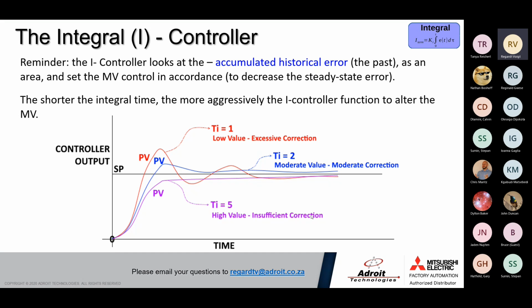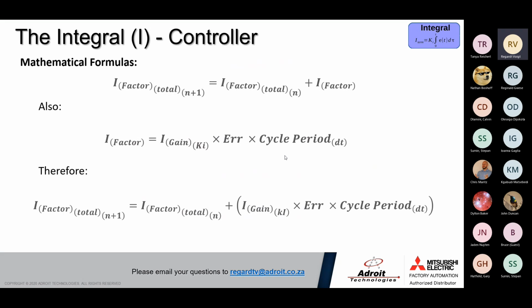Okay. Right, so to conclude the I controller, there's the formula. It will look at the total gain, and it will look at the I factor here, and this I factor is calculated as a function of the error and also how fast your PLC samples for new data, and also how high your configuration gain is in the I controller.